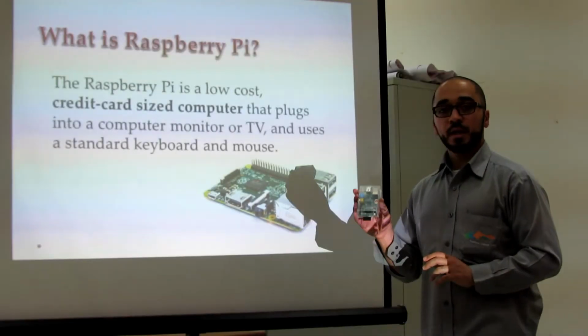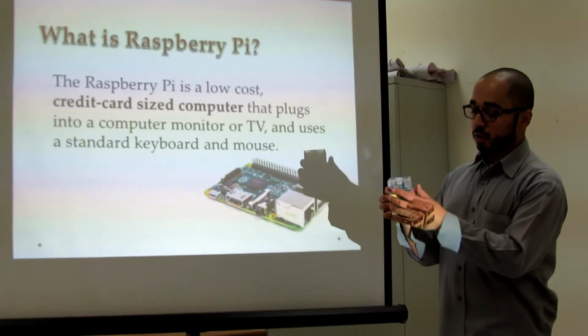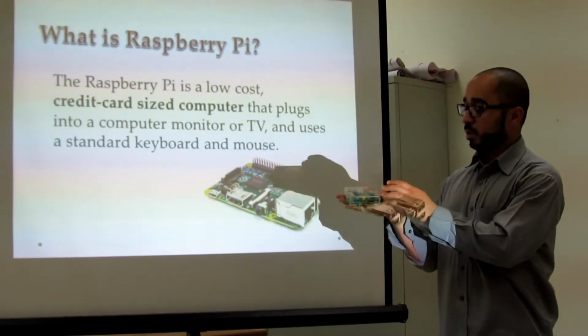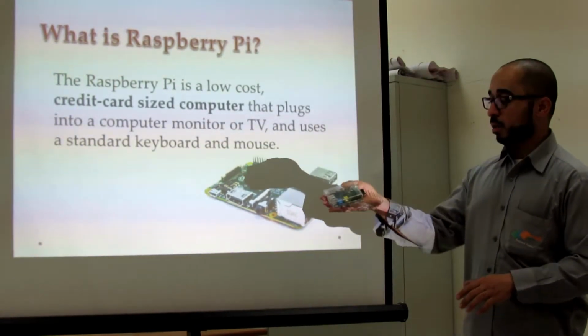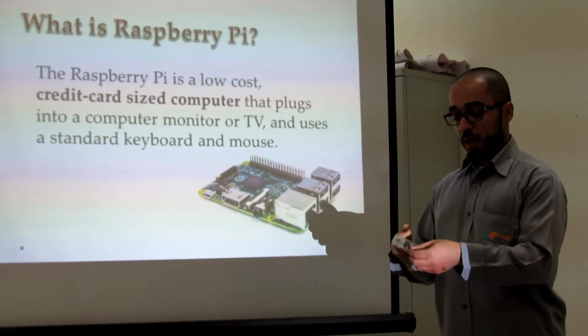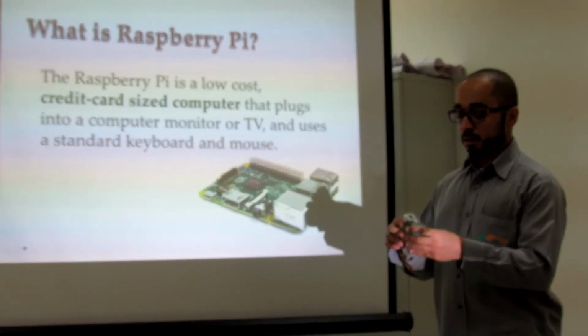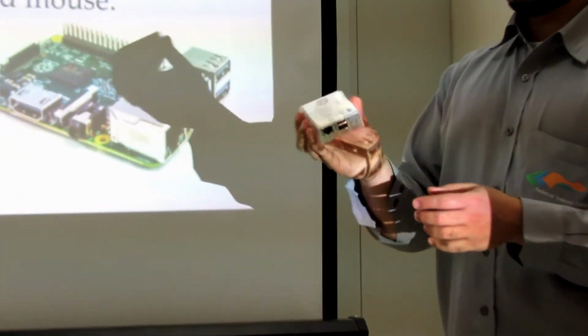What is Raspberry Pi? As I said, it's low cost and small in size. You can see it's smaller than my hand, a small size that plugs into a computer. It has a lot of inputs and outputs.